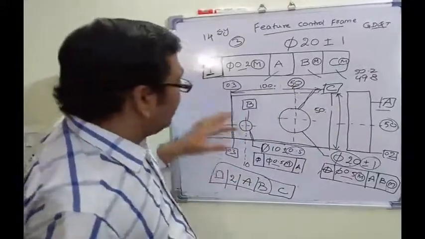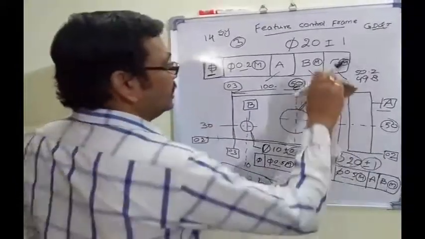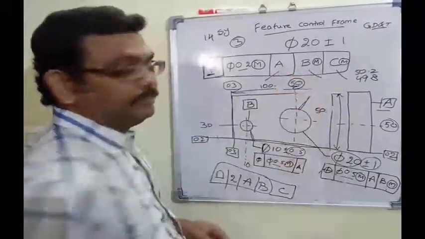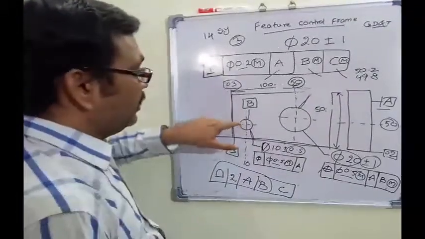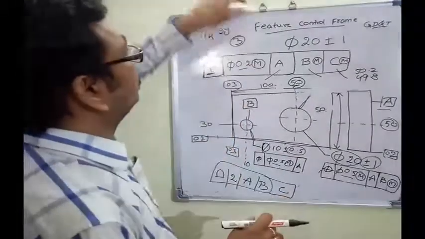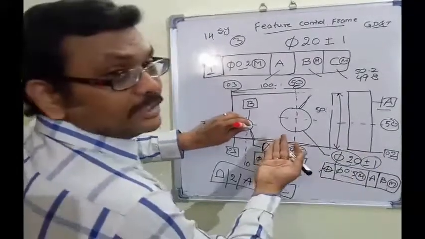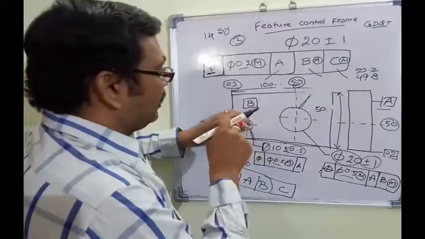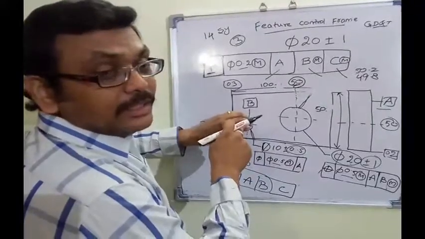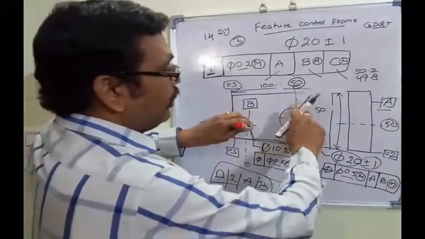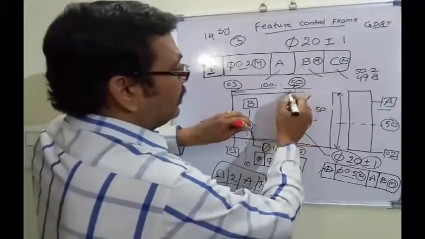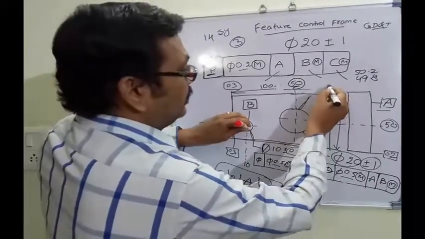Suppose if I have not taken this C, I know B. I have fixed like this. This surface is fixed and axis is fixed. There is a chance of rotation of this plate like this.